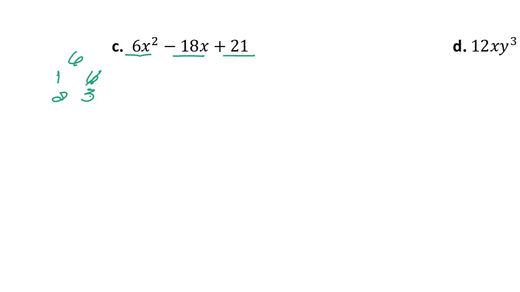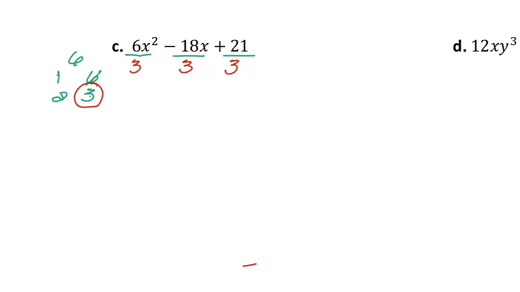Then we've got 3. Does 3 divide evenly into 6? Well, yeah, it's a factor. How about into 18? Yes. How about 21? Yeah, so that is the largest of the factors we have. So let's divide by 3. Now, I see I have an x squared. So I need to check, do all of them have x's?